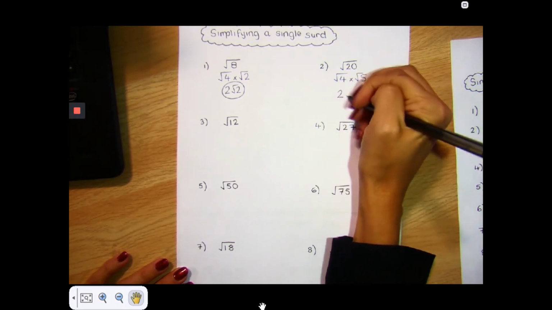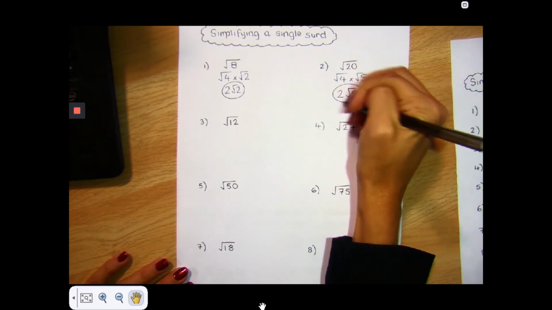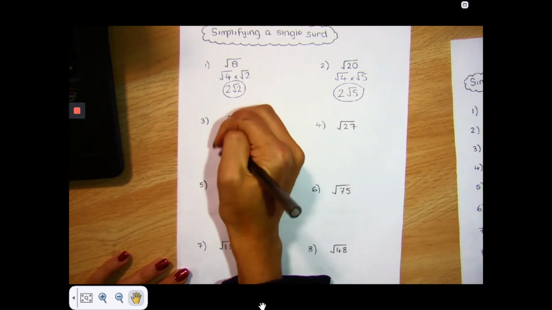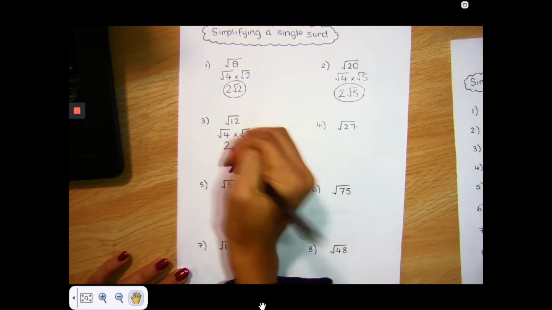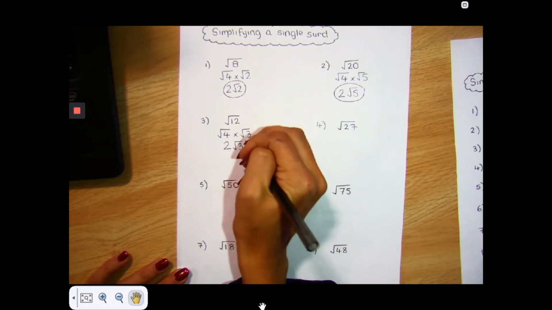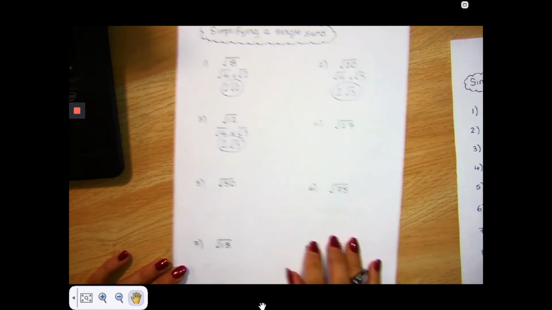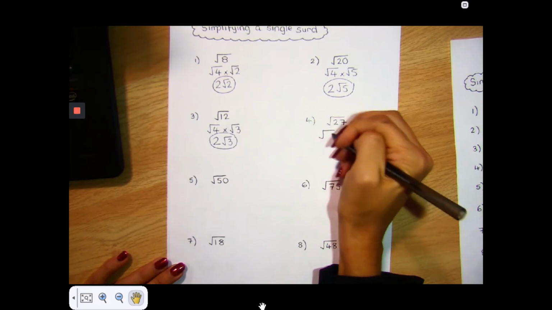This one can be root 9 times root 3, which is 3 root 3. Number 5, root 25 times root 2, which is 5 root 2.